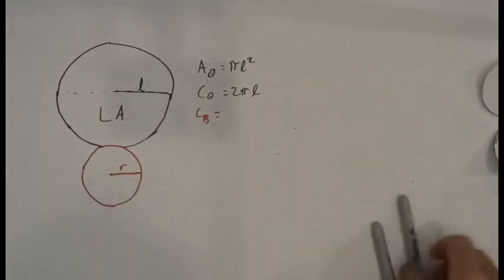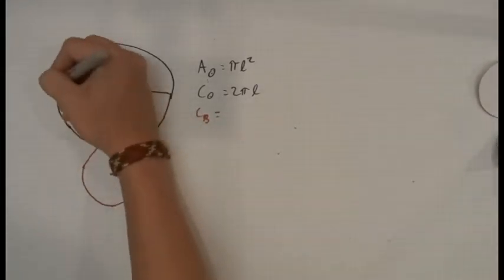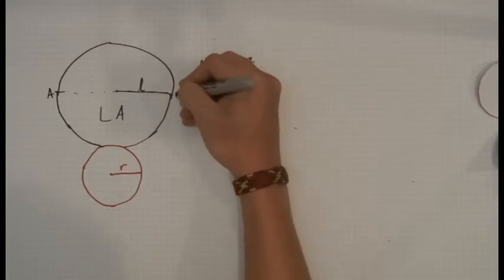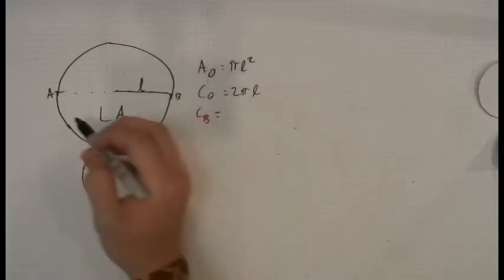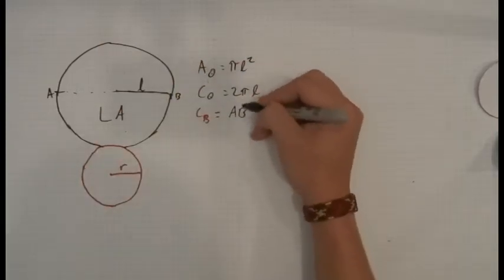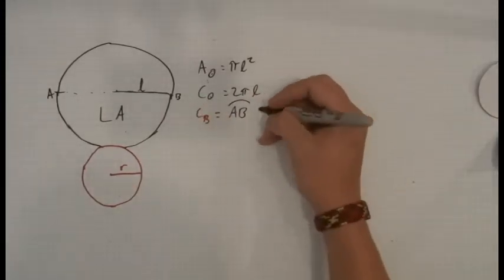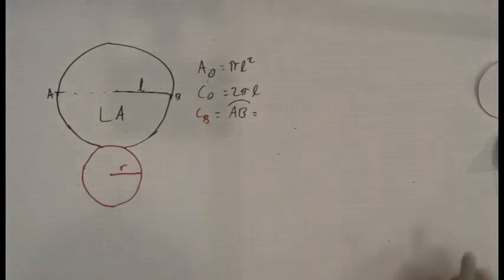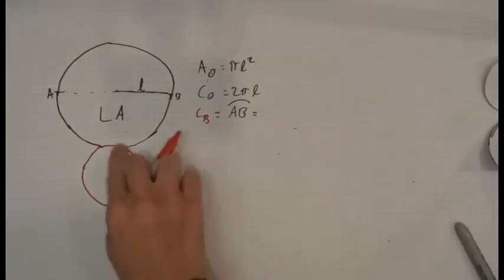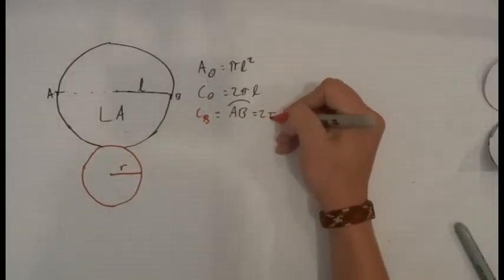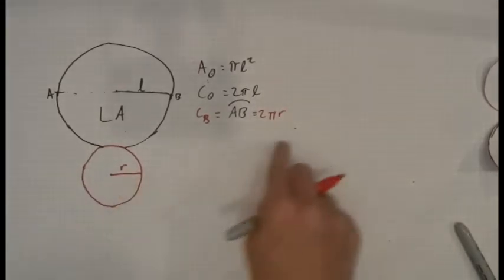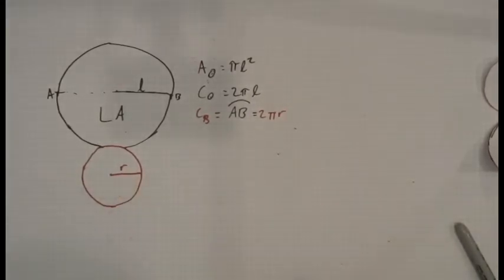To make things a little easier, I'm going to call this part right here A and this part right here B, and we can say that AB arc length is equal to the circumference, which is equal to 2 pi r, and this time our radius is r, so it's just 2 pi r.